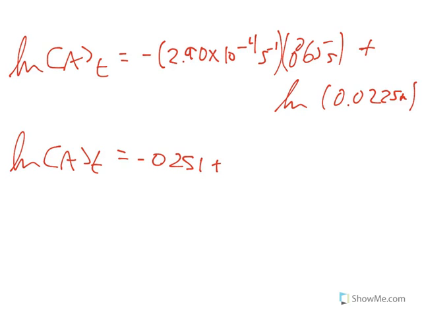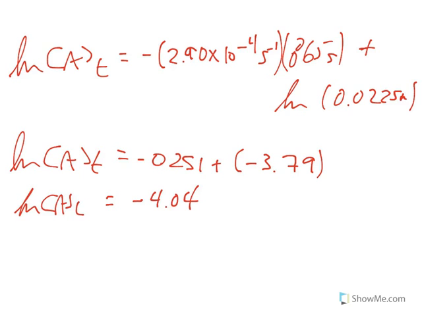Taking the natural log of 0.0225, I get negative 3.79. So I'm simply going to add these two numbers together: negative 0.251 plus negative 3.79, and I get negative 4.04. So my ln of A_t is equal to that.